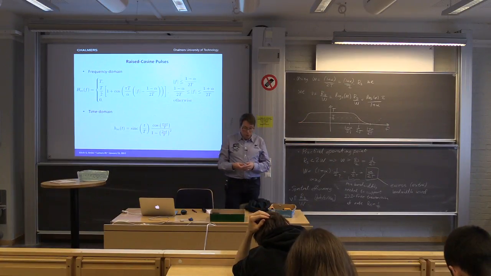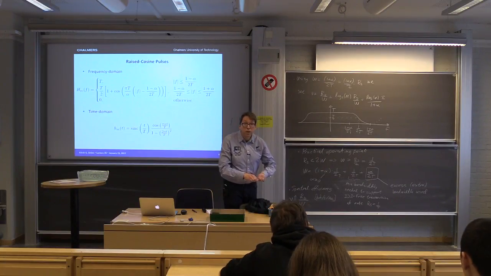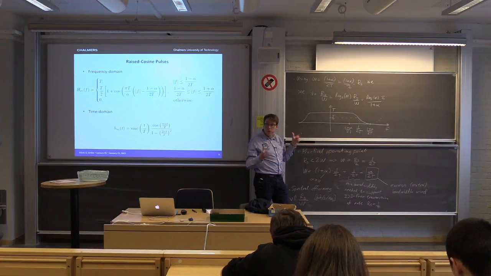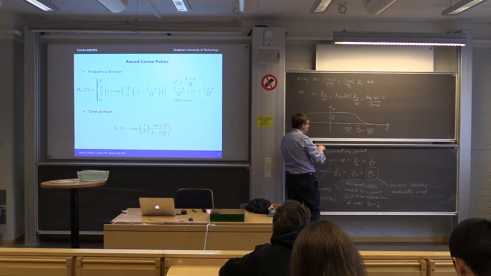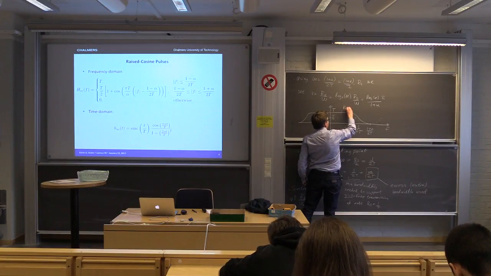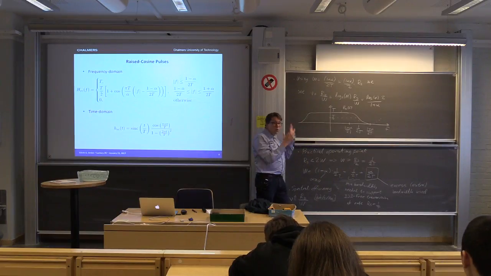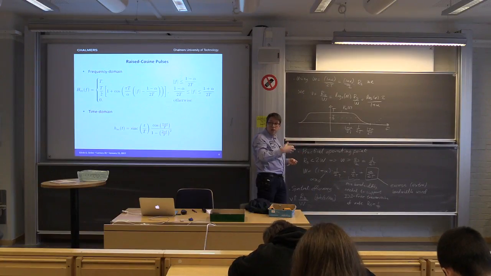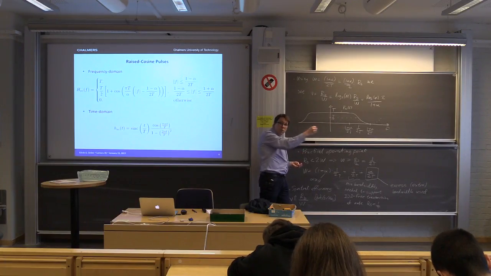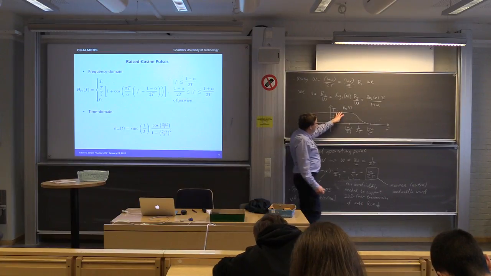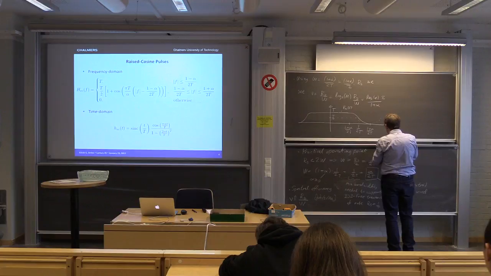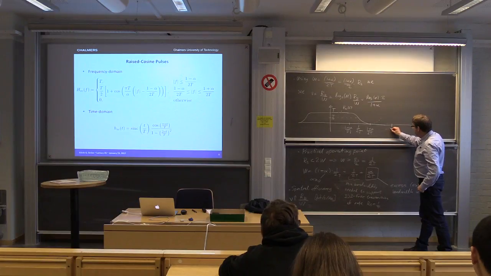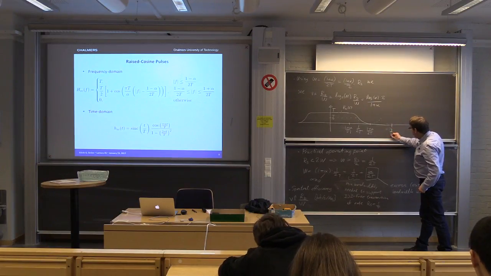So is this a Nyquist pulse? Well, then we should check for the Nyquist criterion. And since we have it now in frequency here, it's easier to do it in frequency. So what we do is simply we take this, which is H(f), and then we take that and we repeat it to the right and repeat it to the left, spaced by the symbol rate, and then just add everything together, and we should have a constant function. So if we move this to the right, it will end up here at 1 over T here.